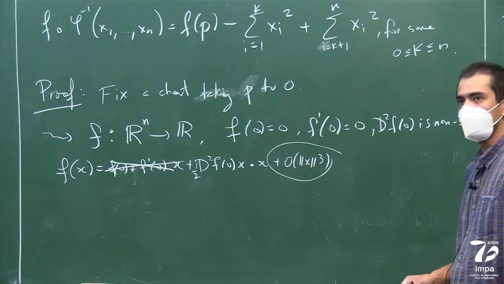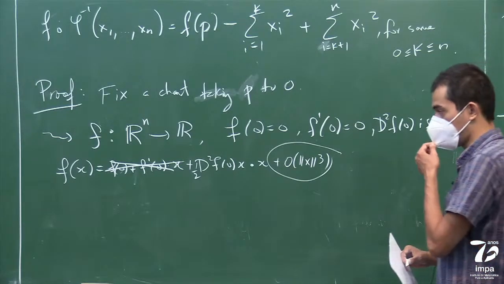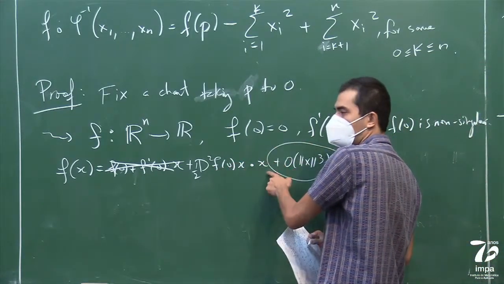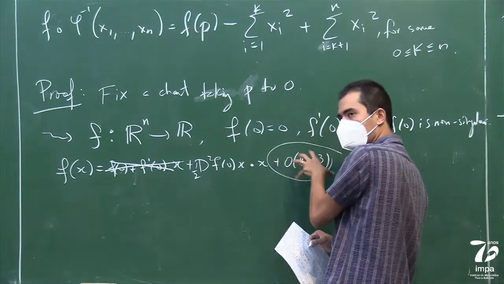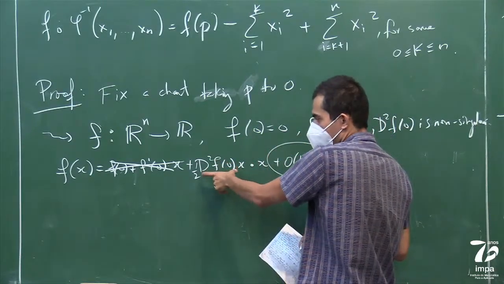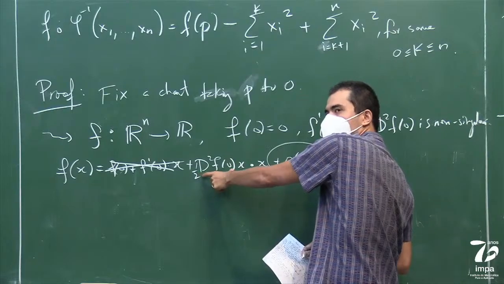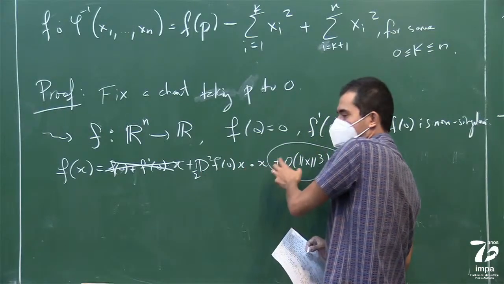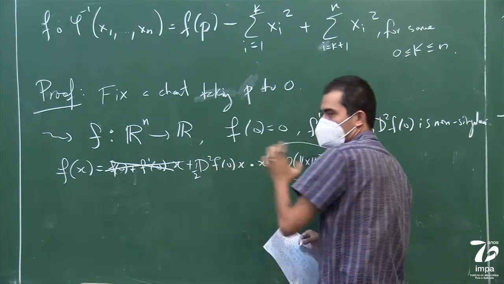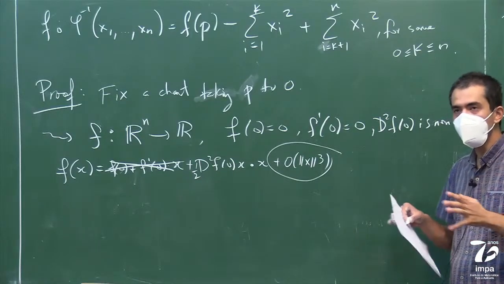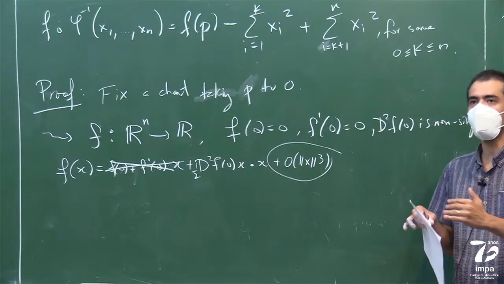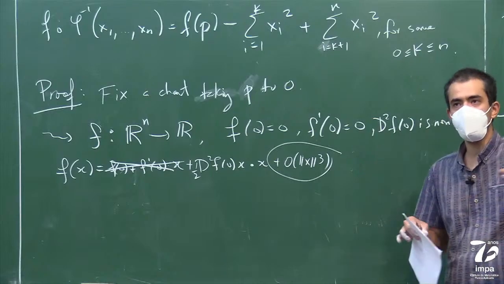So instead of having a linear matrix here multiplying x by x, I want to take this guy into account and have a matrix function here, x times x. I want to absorb this guy into here so that I can do a change of variables that's not linear, but uses the inverse function theorem.